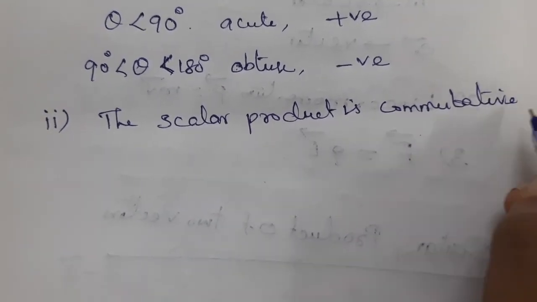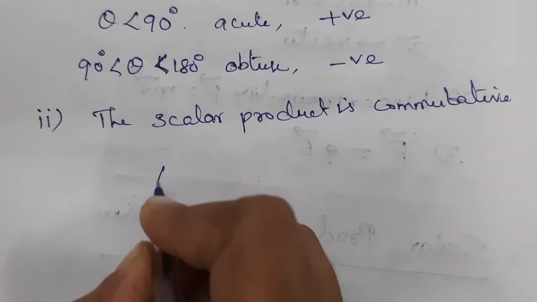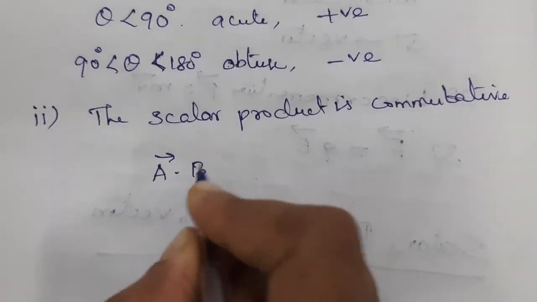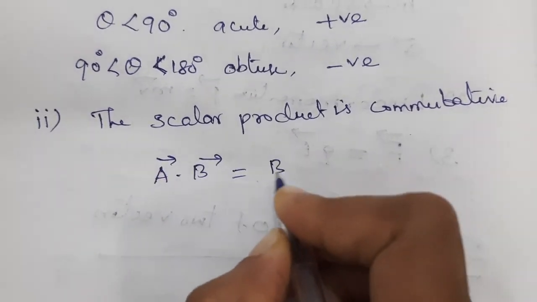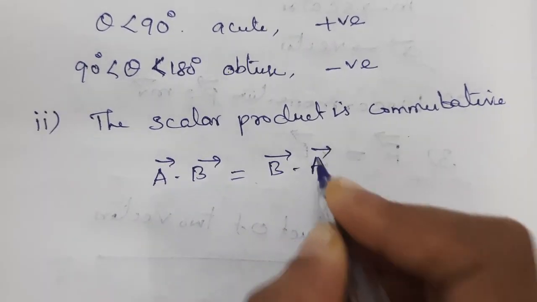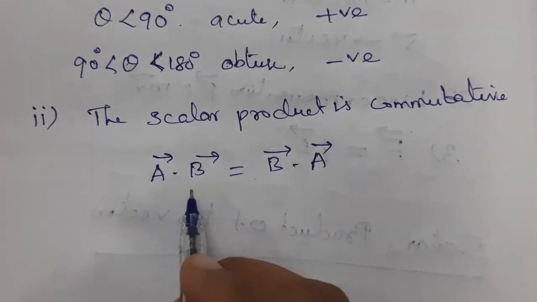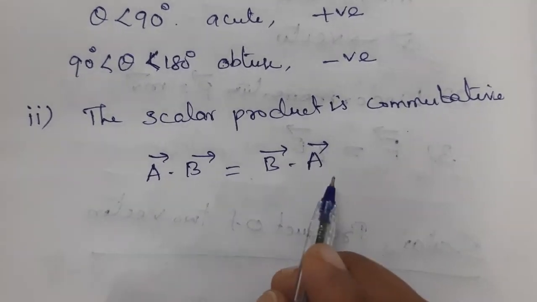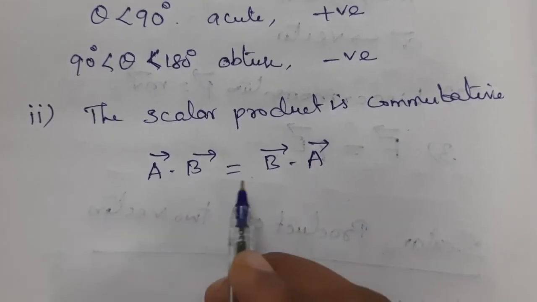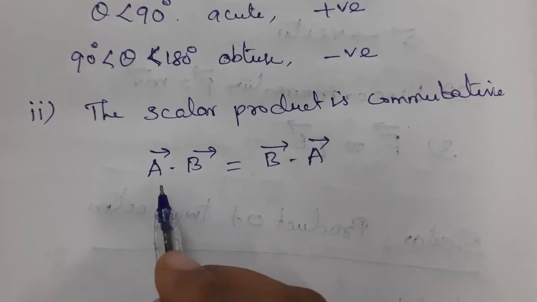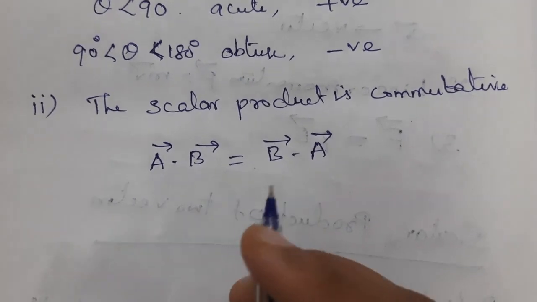Commutative means A dot B will be equal to B dot A. Both the scalar products are same.